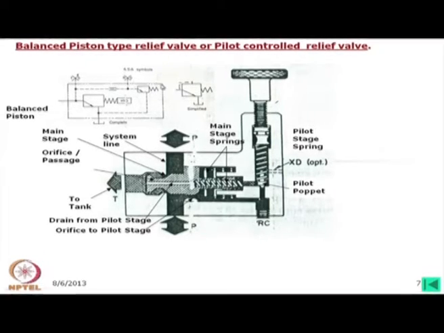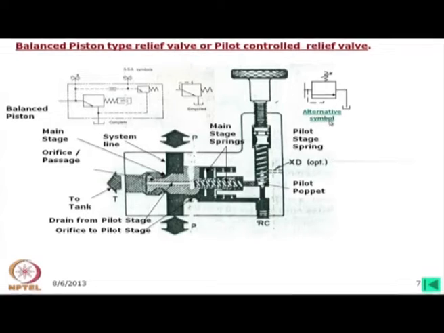If you look into this, you will find that this is the main relief valve, whereas this is the direct relief valve. So, this is basically a combination of one direct relief valve and another, the ball and piston relief valve.